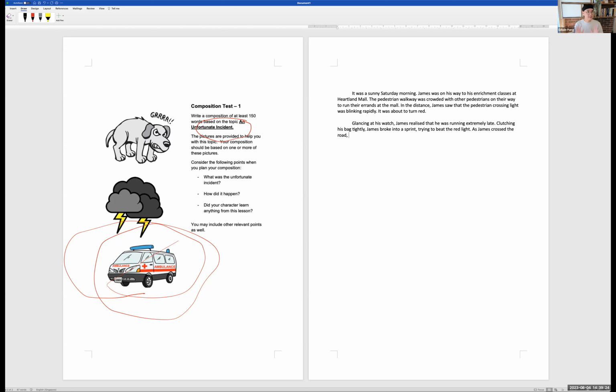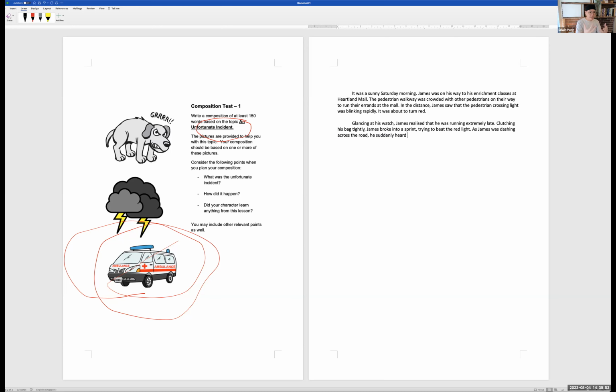Okay, so as he was crossing the road, right? Okay, so as James was dashing across, all right, so maybe I want to change to dashing across, because I use the word sprint, I use the word dash. I'm using different words to describe his speed, right? He's running really quickly. As James was dashing across the road, right, he suddenly heard, okay, so again, I'm using my senses.